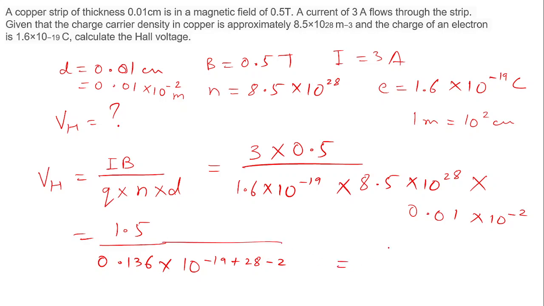So 1.5 divided by 0.136 will be 11.0294, and the powers, minus 19 plus 28 minus 2.